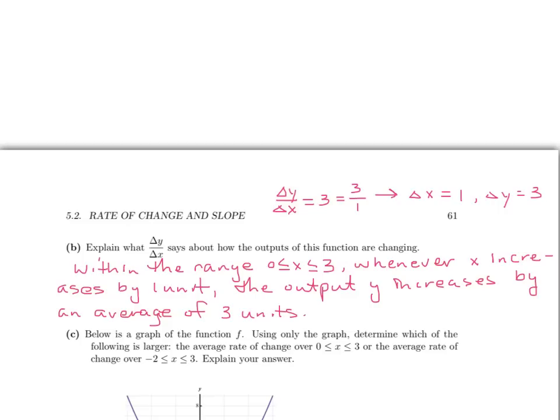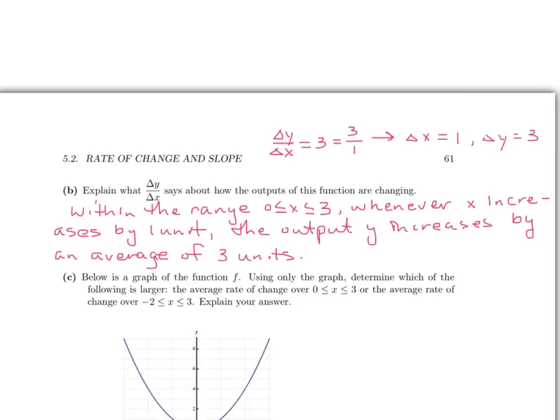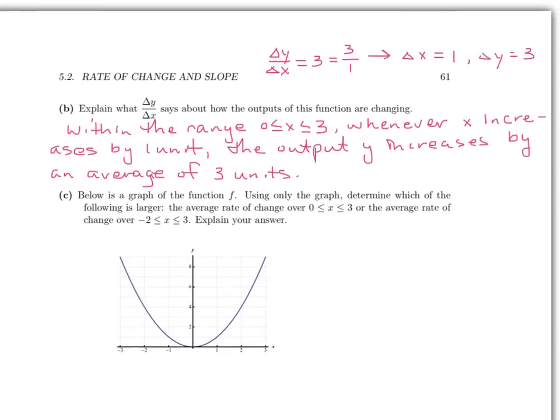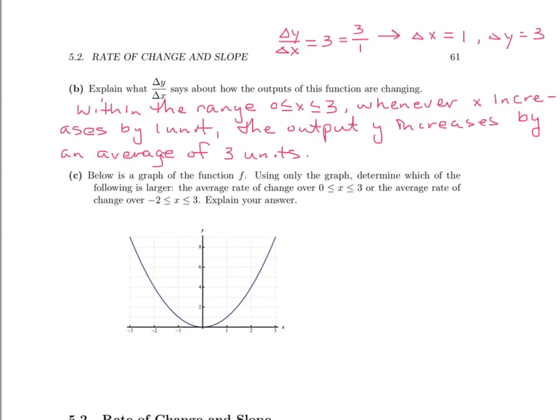Now let's go ahead and look at part C. Below is a graph of the function f in this example. Using only the graph, determine which of the following is larger: the average rate of change over this range or the average rate of change over this range.